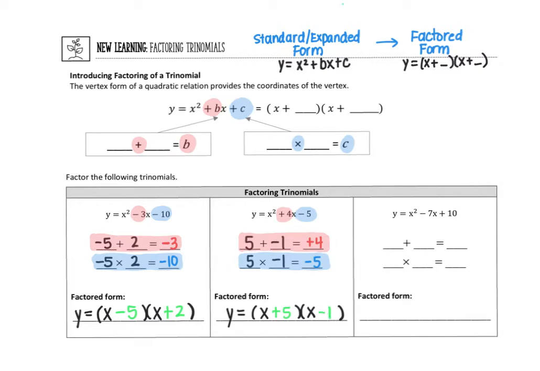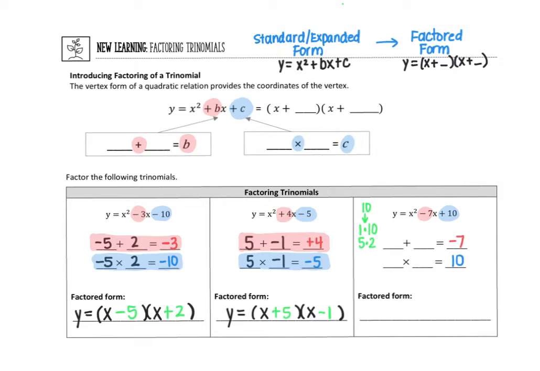In our final example, we will need factors that multiply to give us 10 and add together to give us -7. Again with the factors of 10, we know that they're going to be 1 and 10, which we can't use in any way to make 7, or 5 and 2.